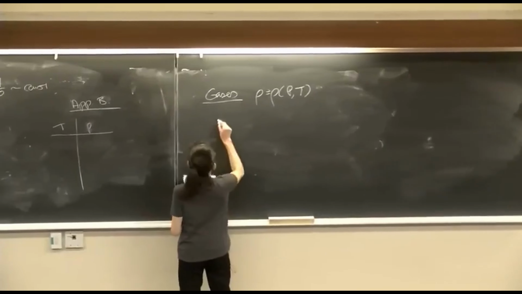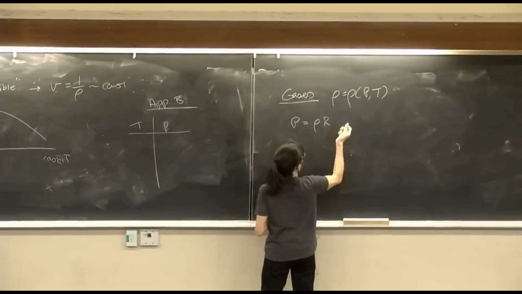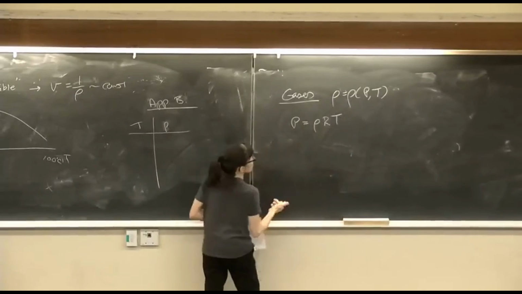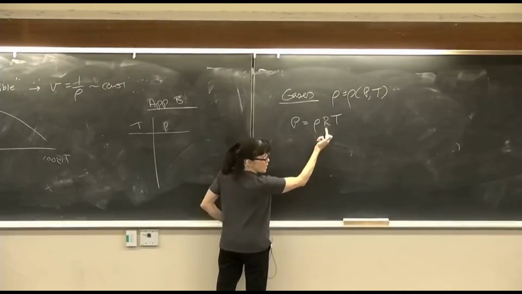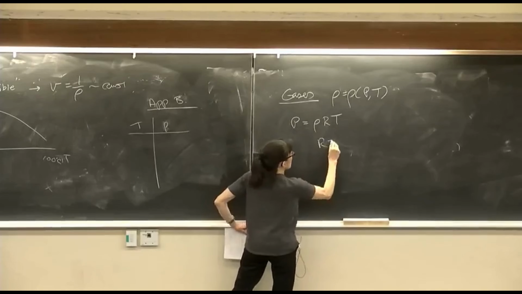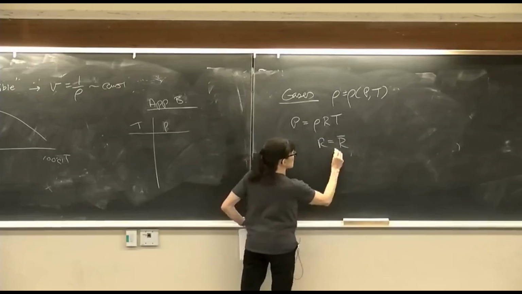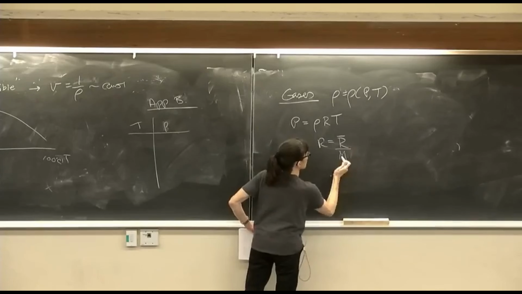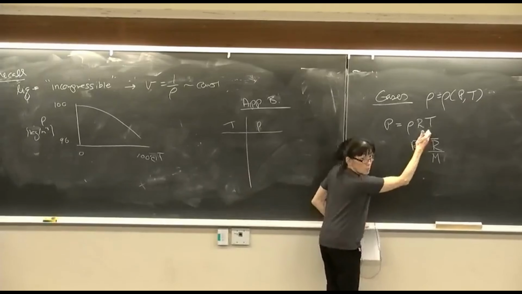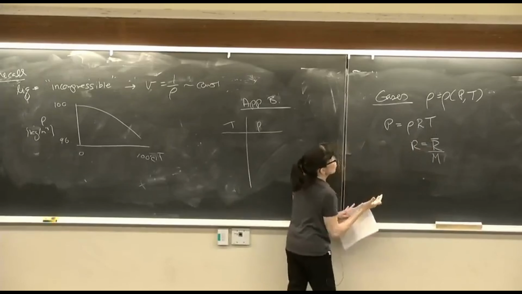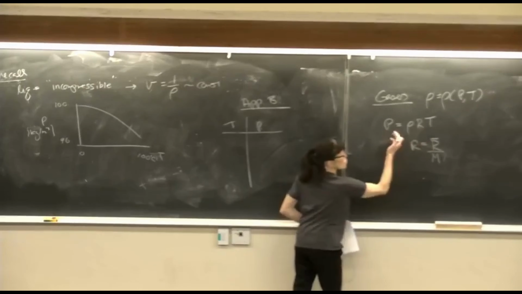So recall pressure is equal to density times R, the gas constant, times T, the absolute temperature. Absolute pressure, density, the gas constant, which is equal to the universal gas constant divided by the molecular weight or molar mass. And then this has to be absolute temperature. Okay? So to evaluate the density for a gas, if you're given the temperature and pressure, you can use this.